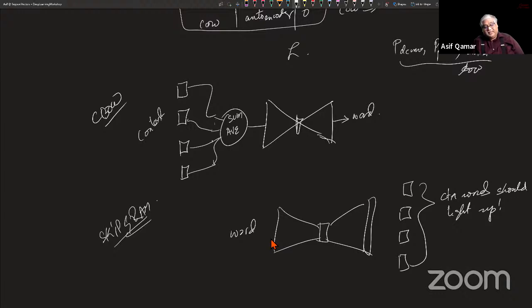Do they use word embeddings? Of course they use word embeddings. All machine learning is in a vector space. You need a vector space representation of words, otherwise it's meaningless, you can't do machine learning. So the first thing is you need a vector space representation of words. The second thing is, do they use this particular skipgram or not?